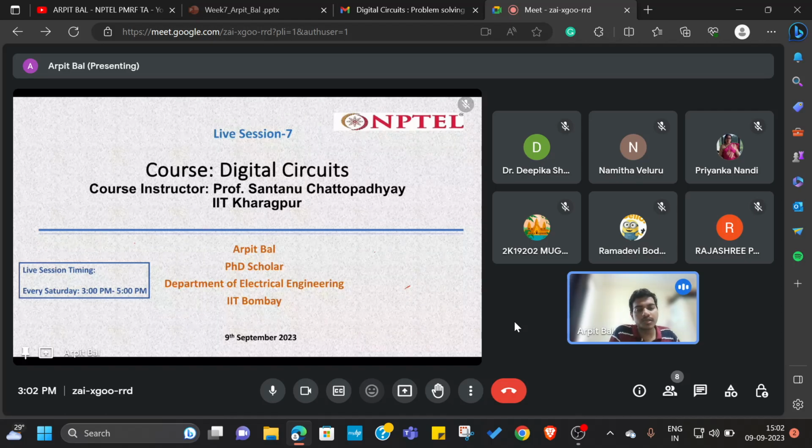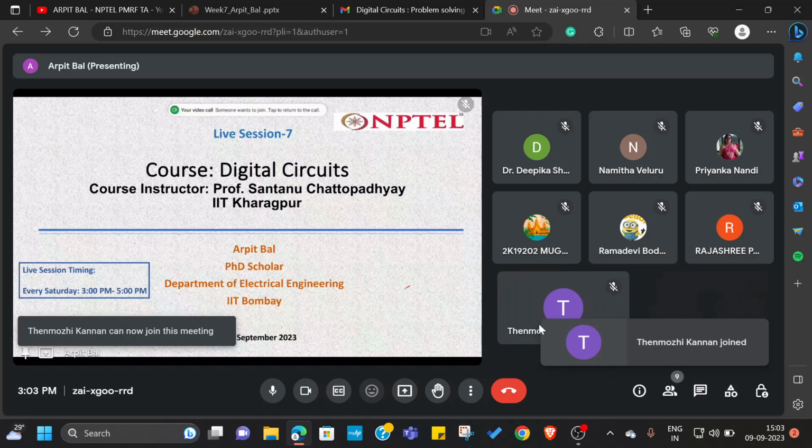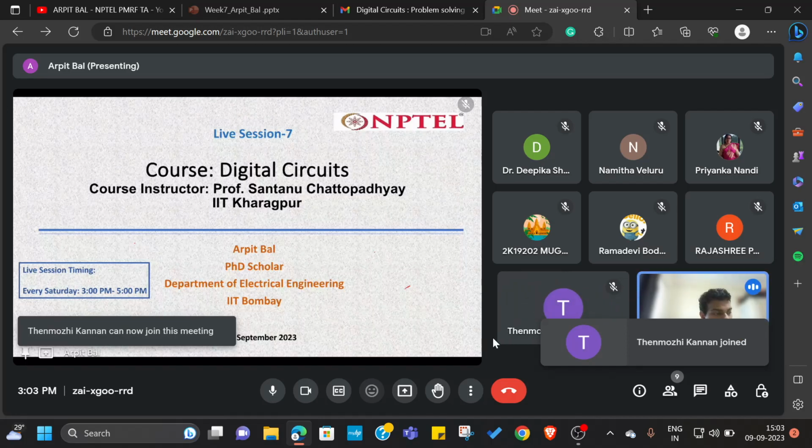In our previous sessions, what we covered is basics of number system, floating point arithmetic, combinational circuits, logic gates, and introductory sequential circuits, right? So in today's session, we are going to solve a few problems related to circuits which contain both combinational as well as sequential logic, and how to figure out what will be the output for a given set of input.